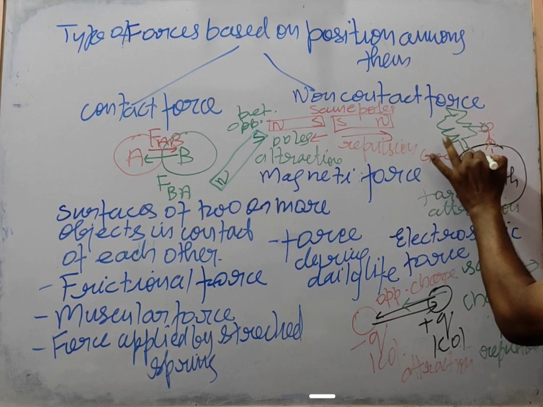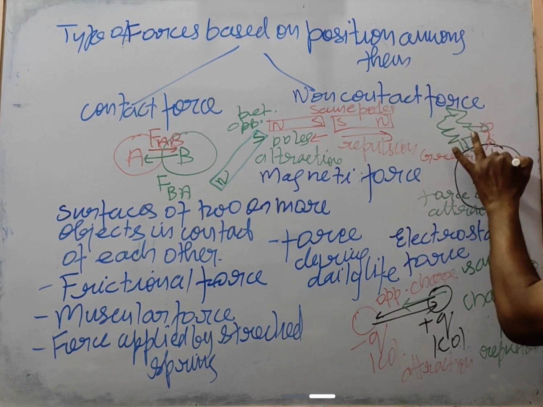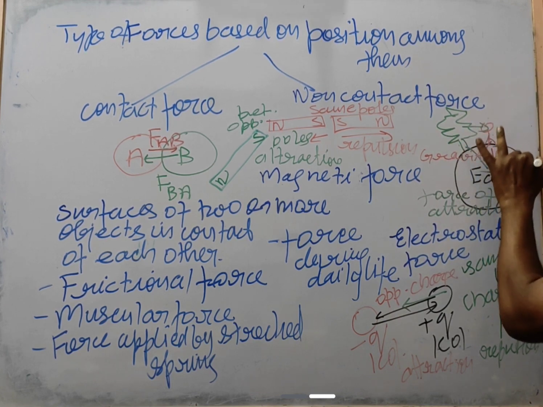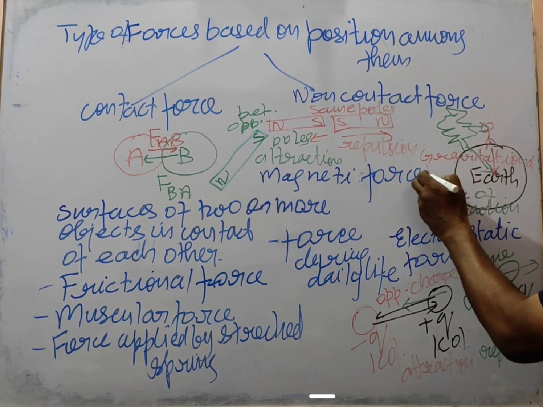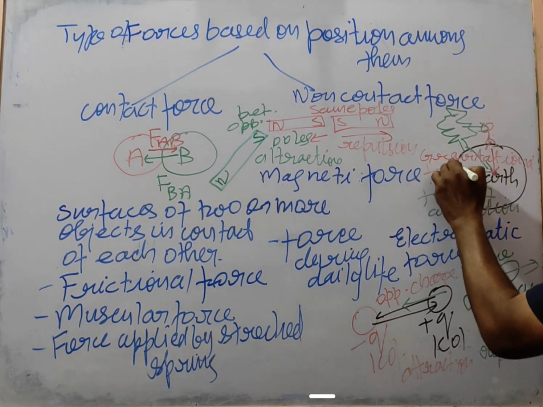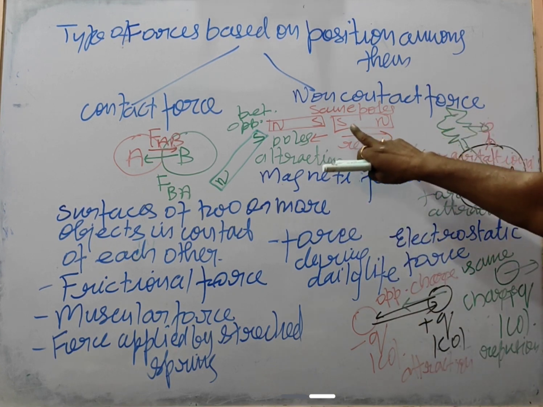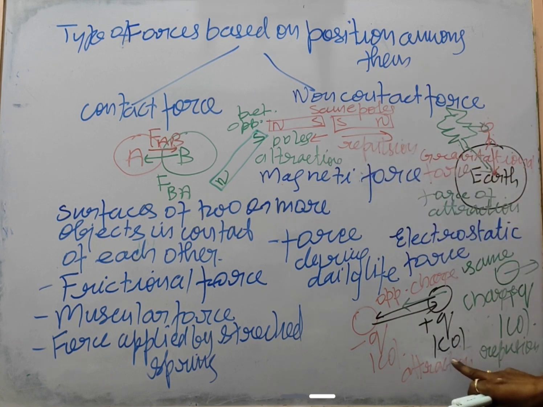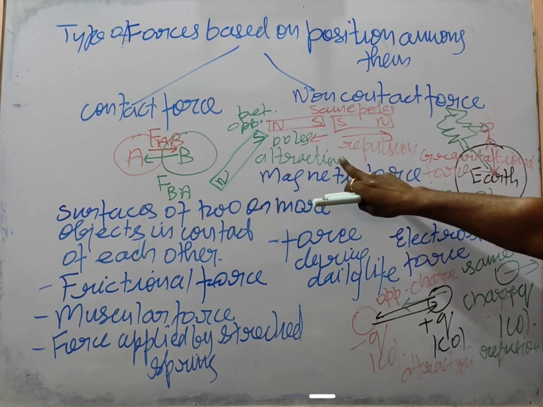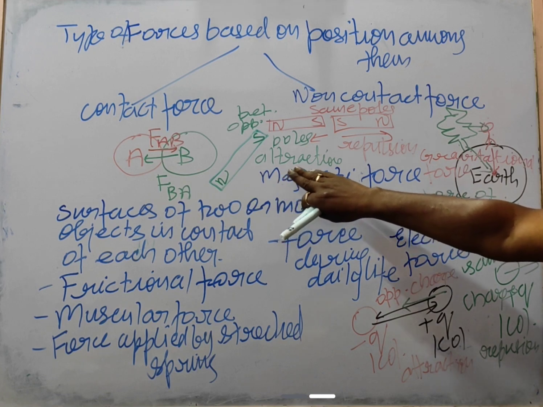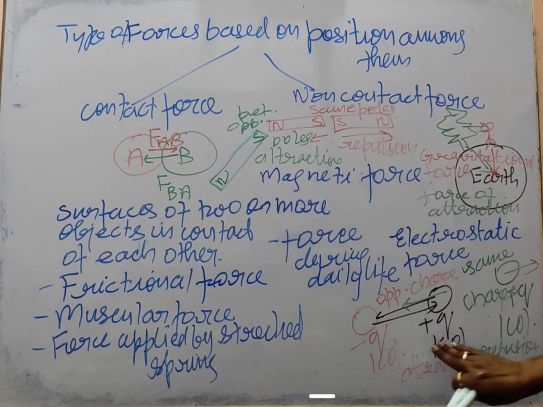Gravitational force. So these are non-contact forces: magnetic force, electrostatic force, and gravitational force. But in magnetic and electrostatic force, there are two types of forces, attraction and repulsion, in both cases.